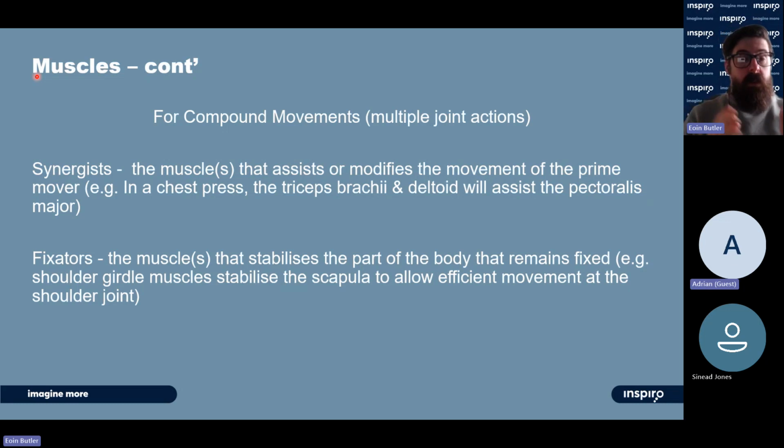Sorry to interrupt, could you just explain the shoulder girdle muscles? Okay, so we've got the rotator cuff. The rotator cuff muscles include, and you don't need to know these, subscapularis, infraspinatus, supraspinatus, and teres minor. So there's 4 muscles that surround the scapula. The shoulder girdle basically starts up here, so our deltoids would be part of the shoulder girdle.